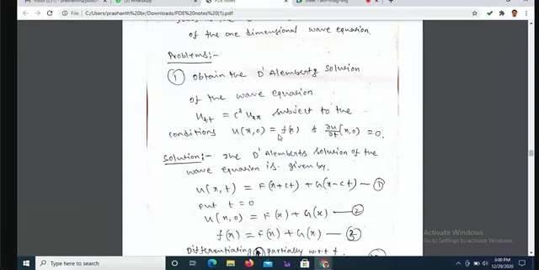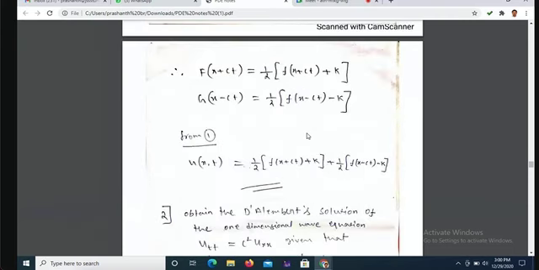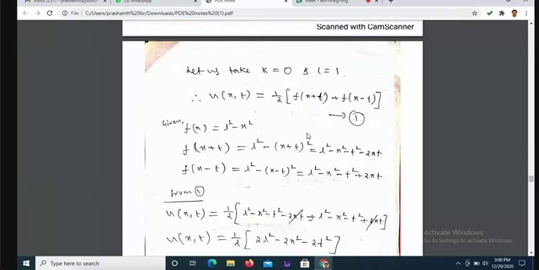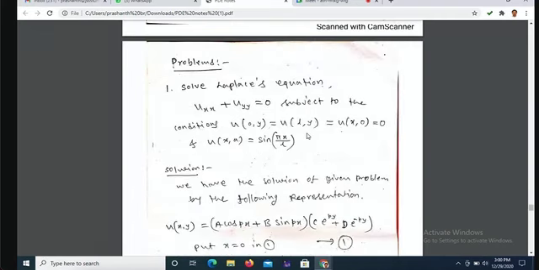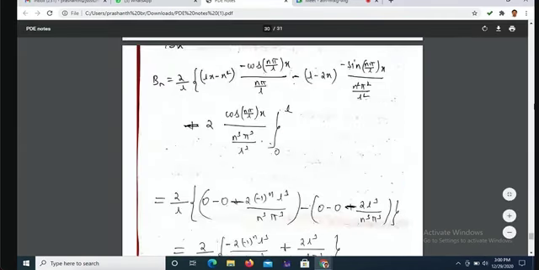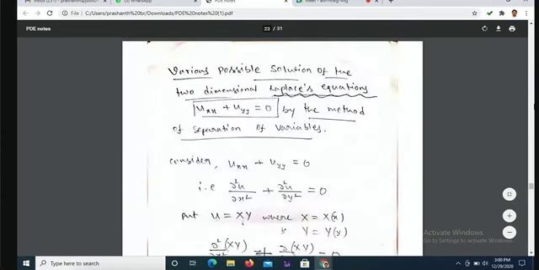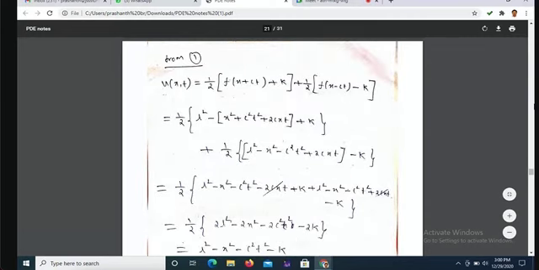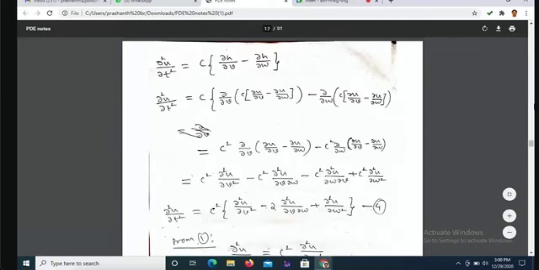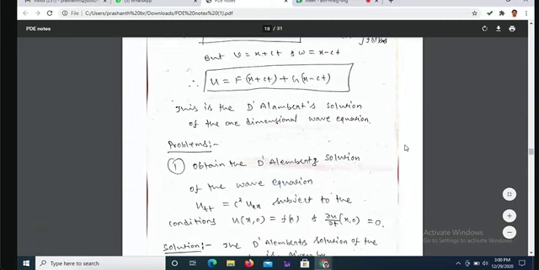So what solution do we have for the wave equation if this condition happens? Already we have that.